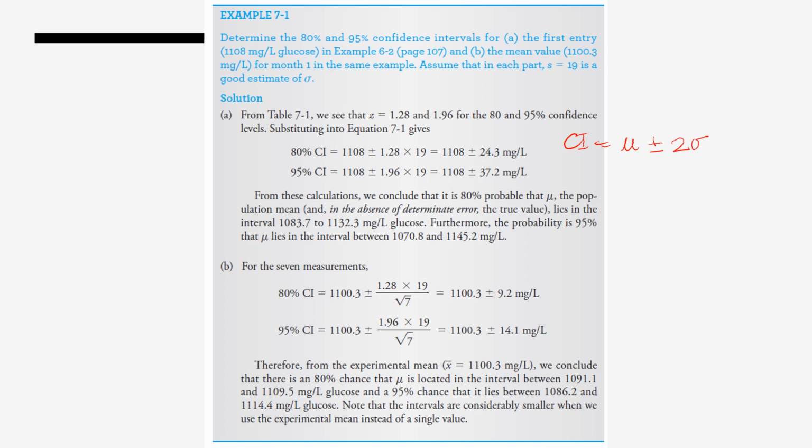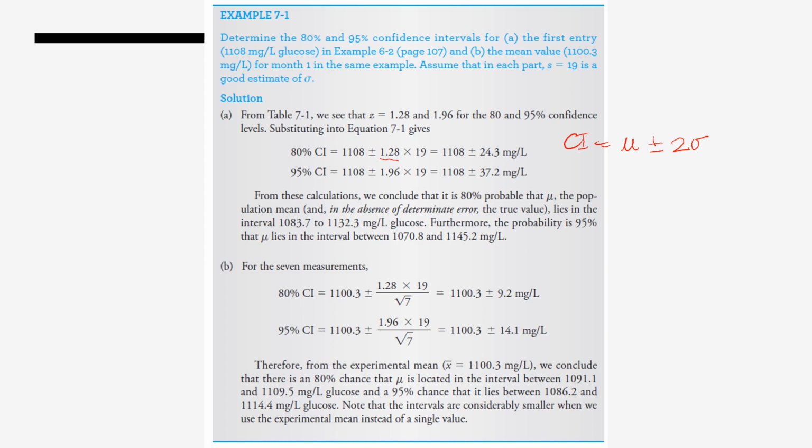So in this case, we can calculate the 80% confidence interval in our 1,108 measurement. Our Z value right here is 1.28. Take note that the S is assumed in the problem to be a good estimate of the population. Therefore, our answer is 1,108 positive negative 24.3 milligram per liter.